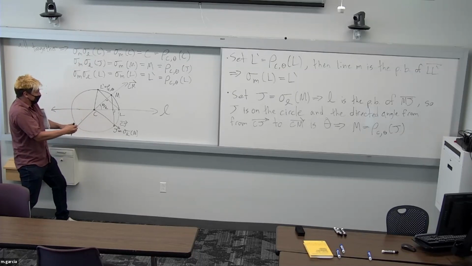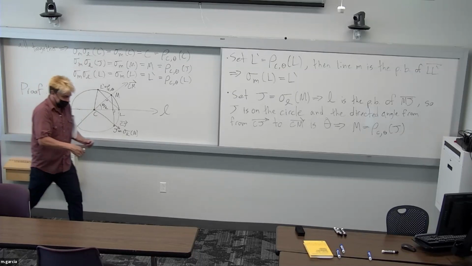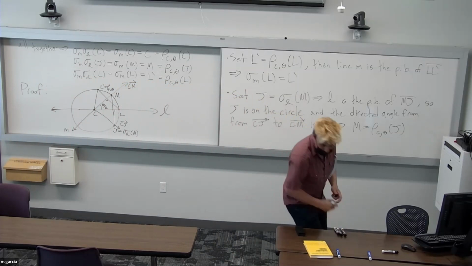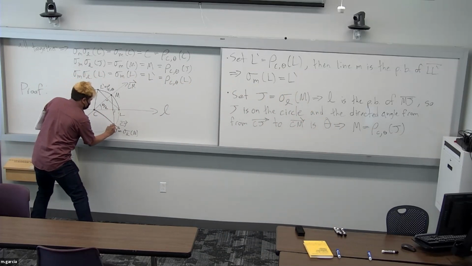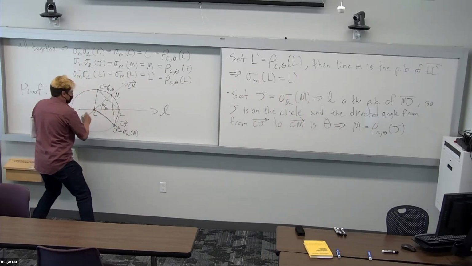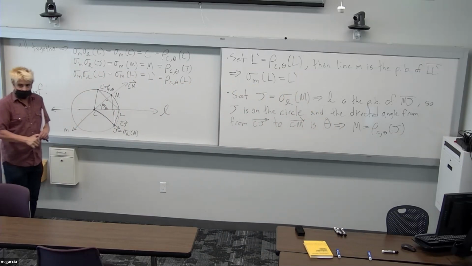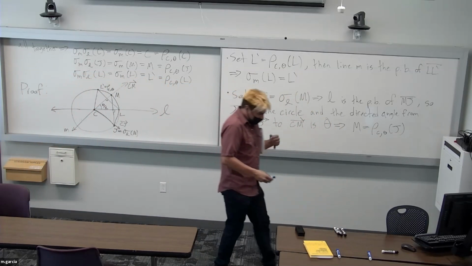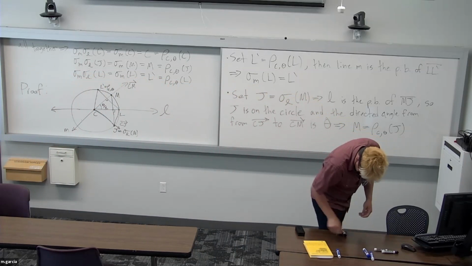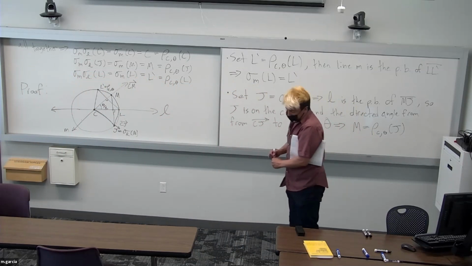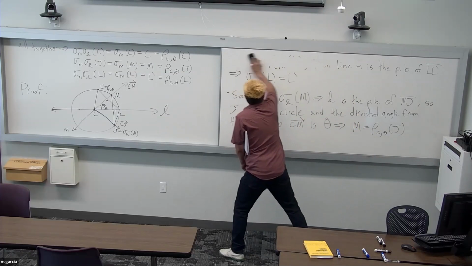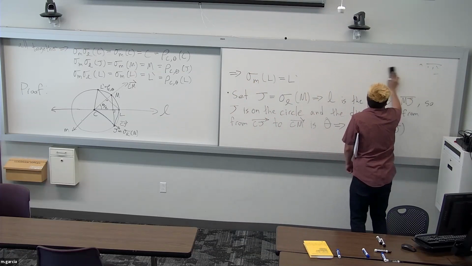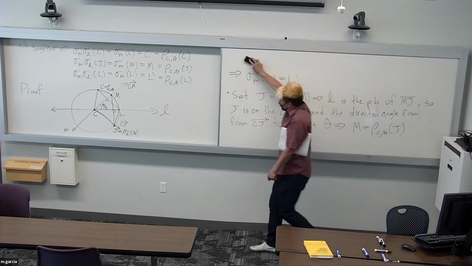They form this blue triangle. So altogether, now we know these two isometries agree on three non-collinear points.